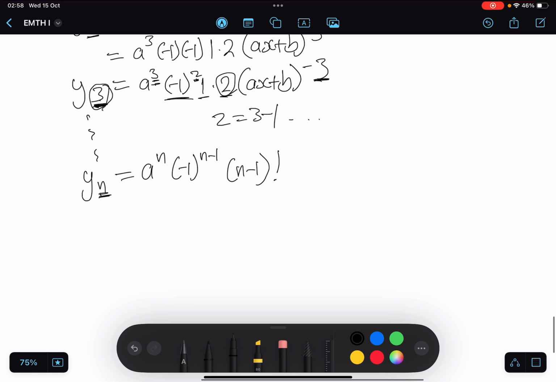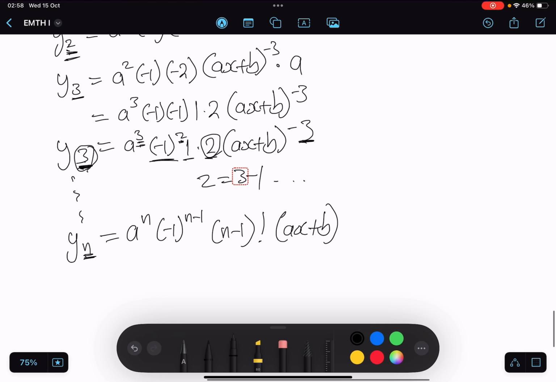And when you go to the nth derivative, we are going to have n minus 1 in order for us to get the value in this position. So we are going to have (n − 1) factorial, and then (ax + b) to the power of minus n, isn't it?